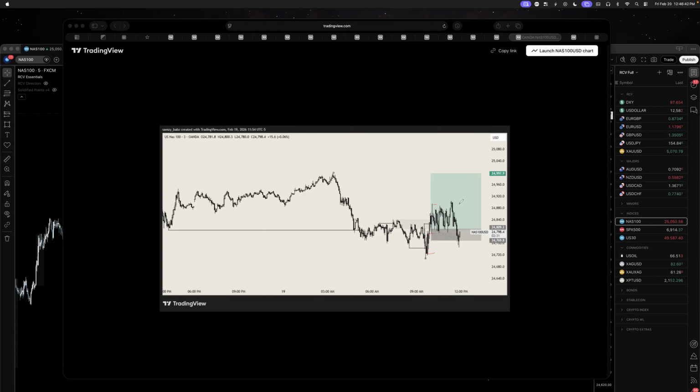That POI, once this is broken, then we now have this low into this high. Once that is broken, this is potentially a scenario where we have an internal sweep that aligns with the external. So if we then have another transition here, or something else here, that would be my reason to go lower. And then this would be my TP1.